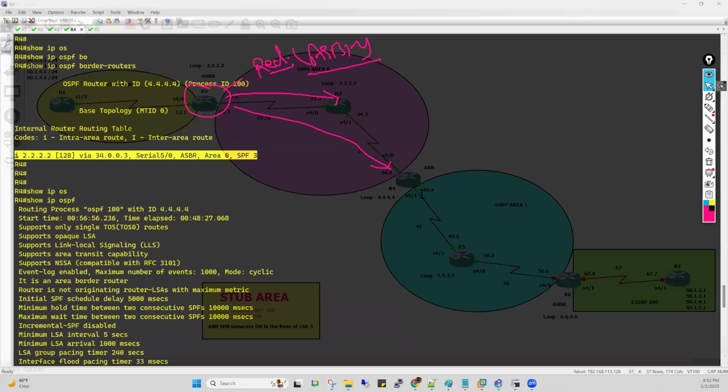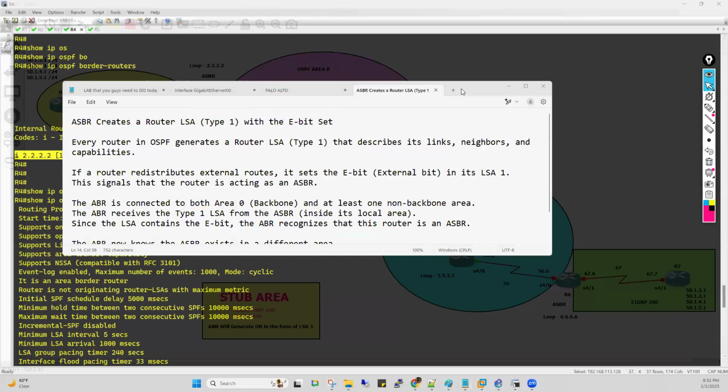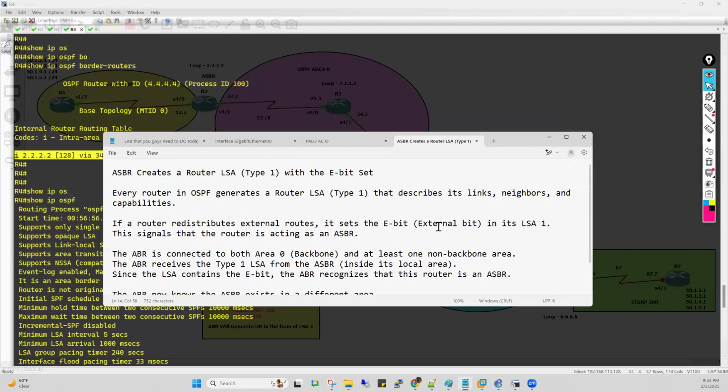Now read the lines that we discussed. Now I hope you will understand. See, ASBR creates a router LSA with the E bit set. Yes, this router creates the LSA number 1, and in this LSA, this router enables the E bit.